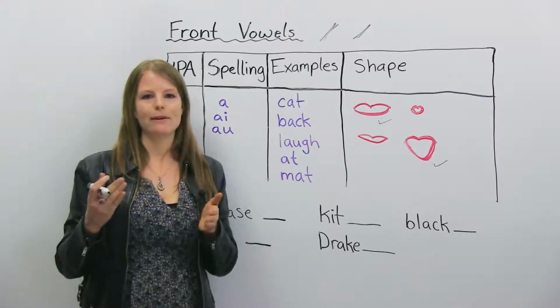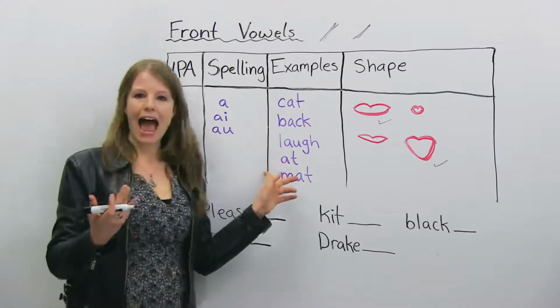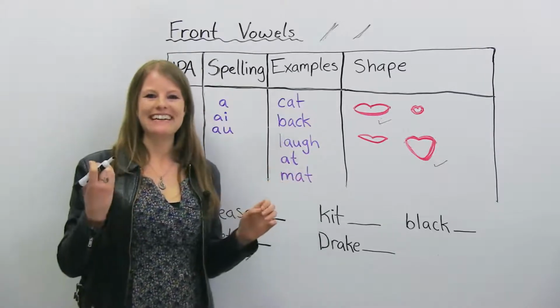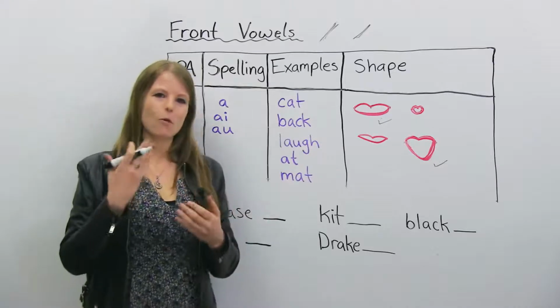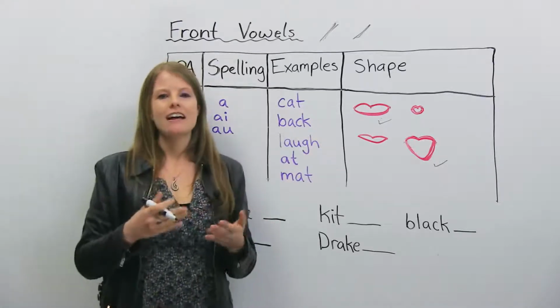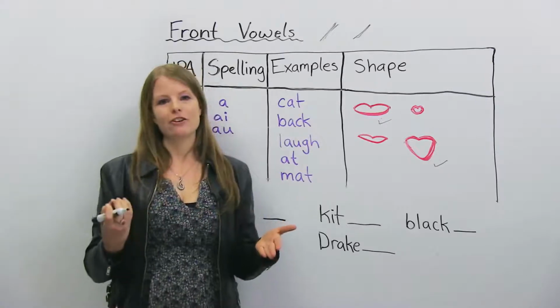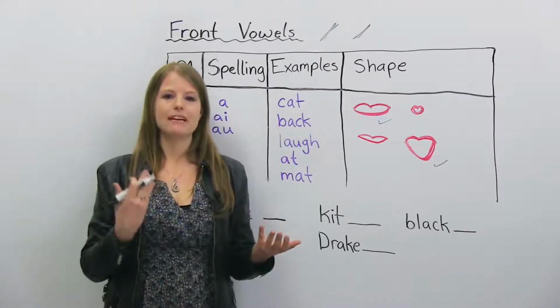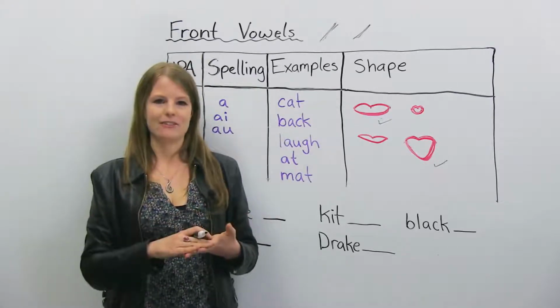Start with maybe an E, and then compare that to ah. Or E, I, A, eh. Watch what your mouth is doing in comparison. A lot of students learn these sounds on their own, but it's actually better to learn these sounds together because you can really start noticing the differences.